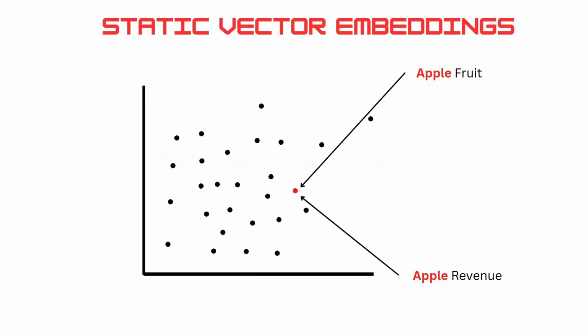Here, the word apple always maps to the same vector, no matter if you're talking about the fruit or the company. The major disadvantage here is the model cannot distinguish context. So, a query for Apple revenue may incorrectly retrieve information about the fruit.